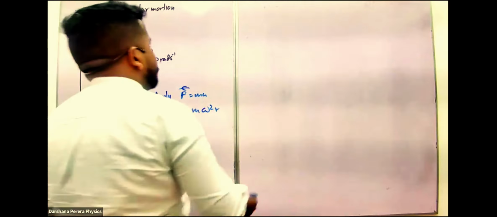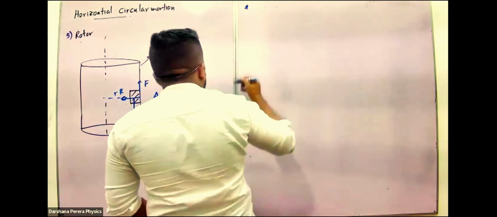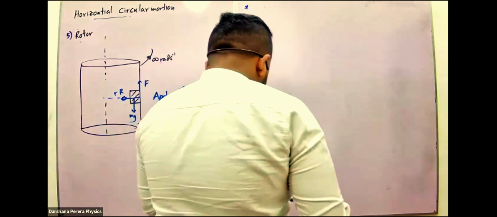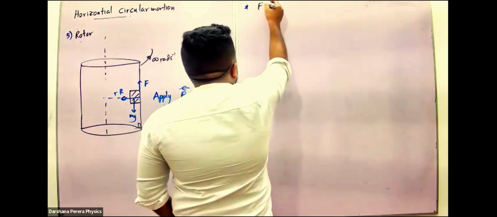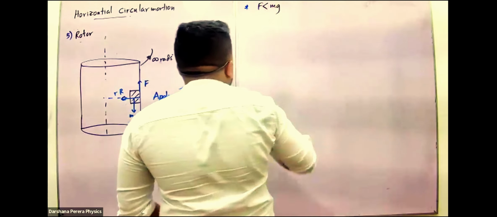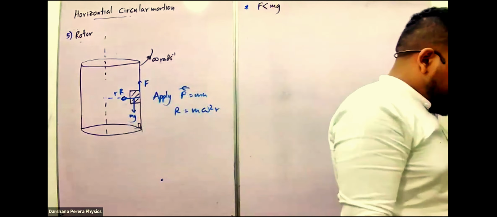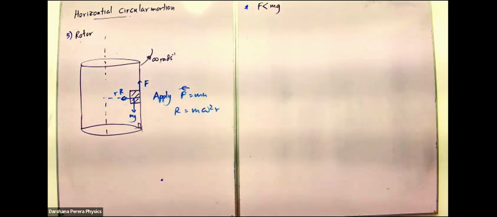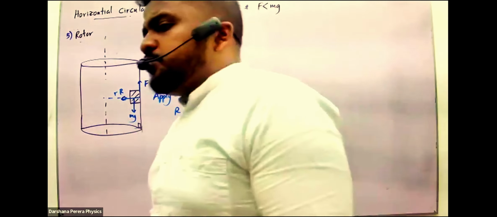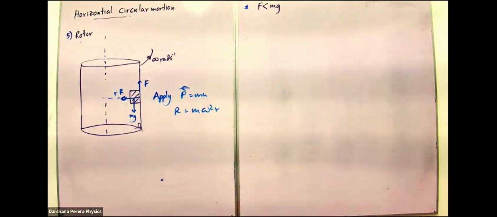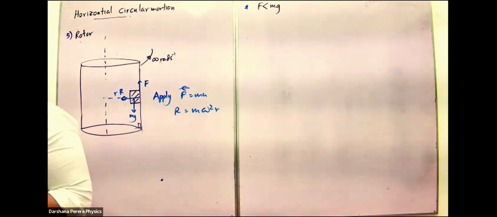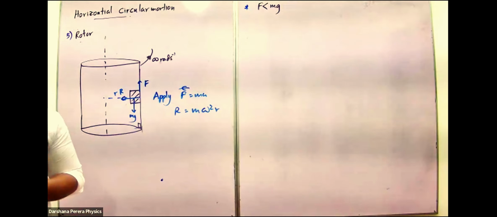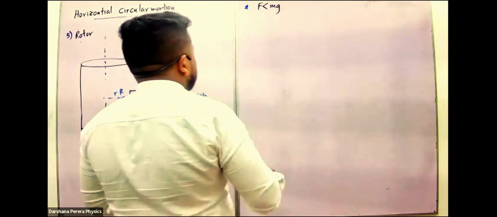Then write down the points. When F is smaller than mg, the object will slip off over the surface.